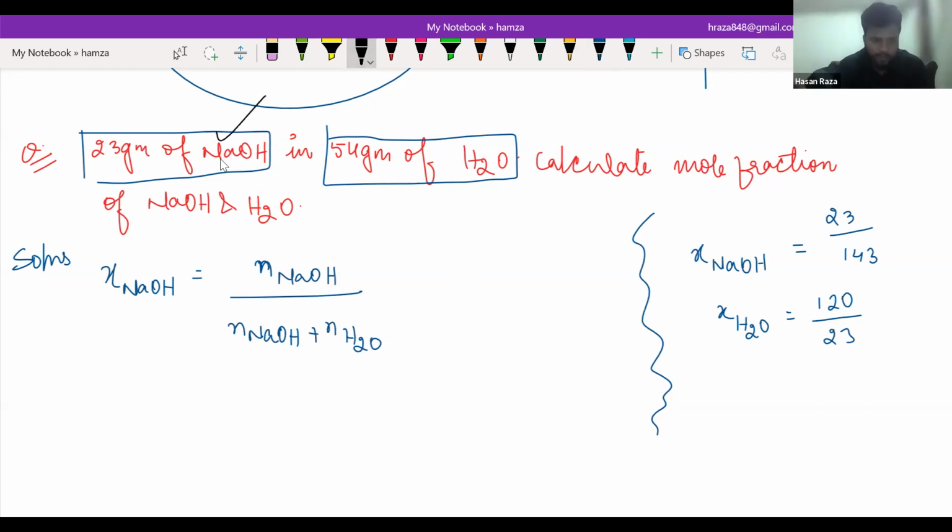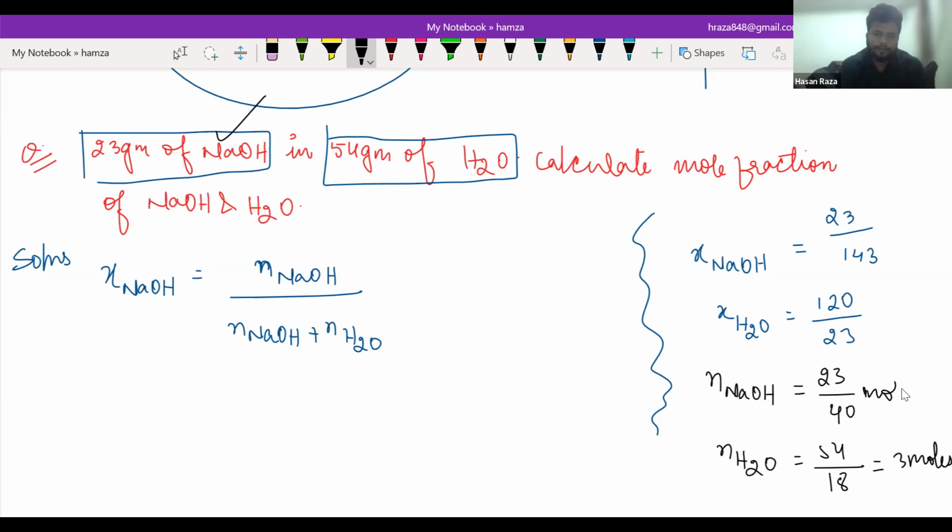Basically, I should give here C2H5OH so that it will be cancelled, but I have given something else. No problem. Number of moles of NaOH is given mass upon molar mass. Given mass is 23 and molar mass is 40. And number of moles of H2O, you can see 54 by 18, that is 3 moles, right?